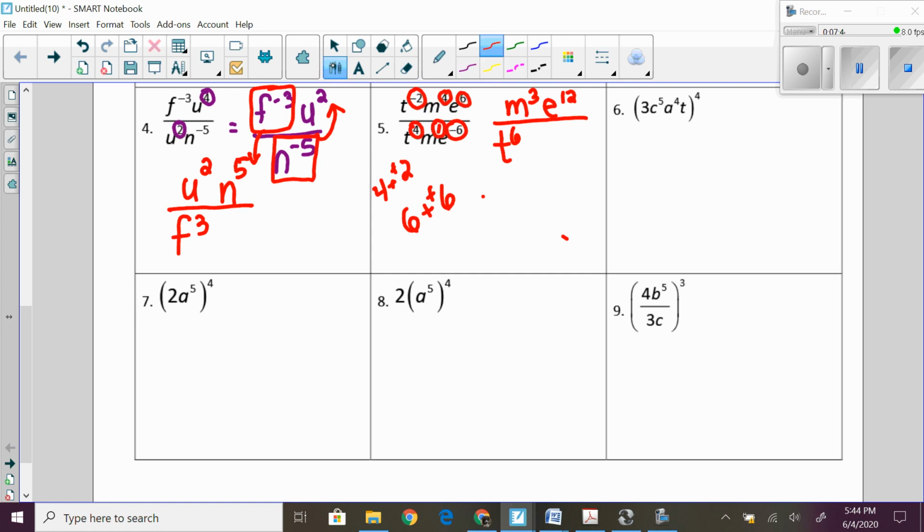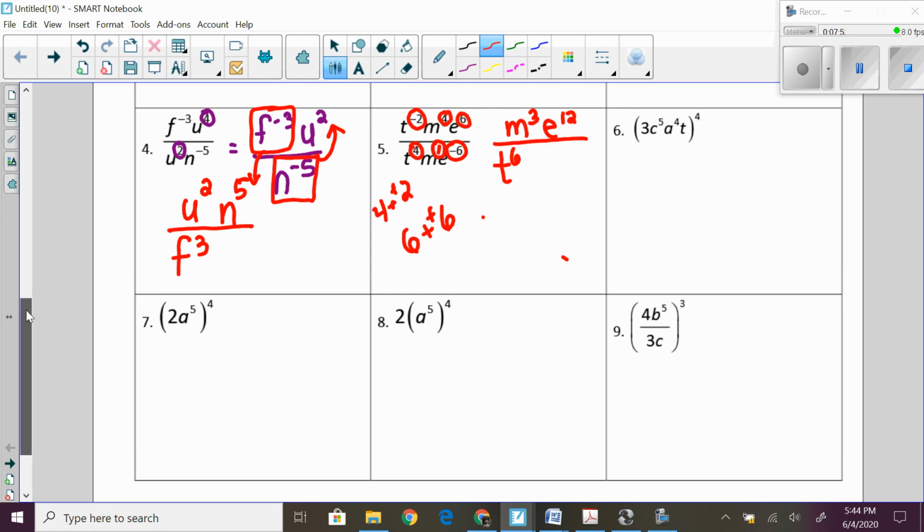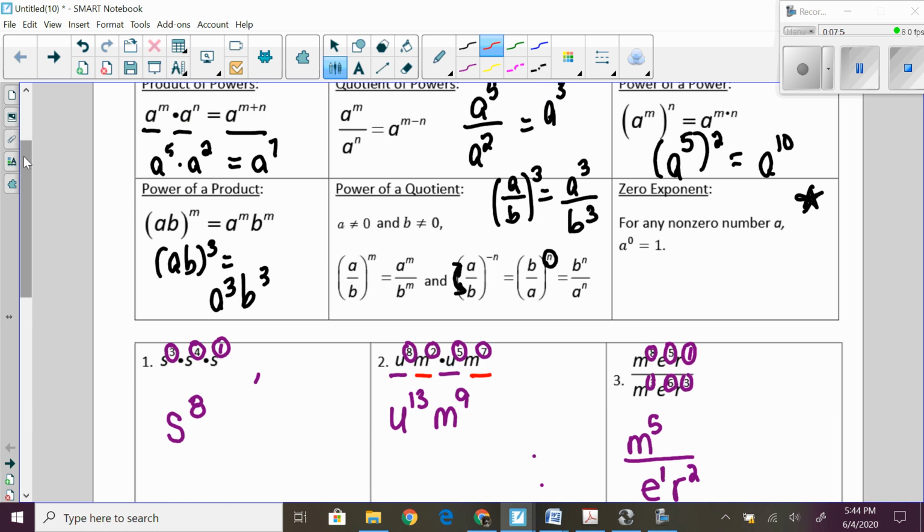Okay. Problem number 6. This is a power to a power problem. It's also going to use this property, power of a product. So it's kind of combining power of a product and power of a power.